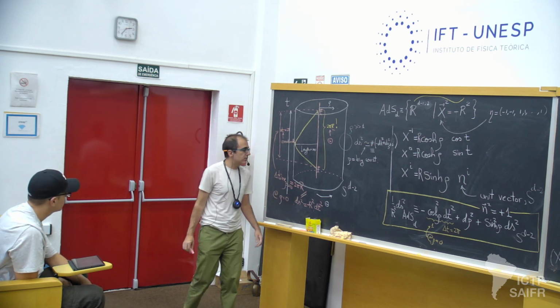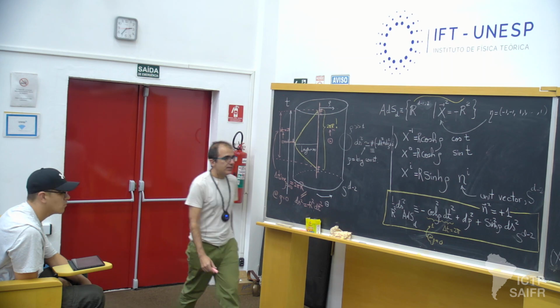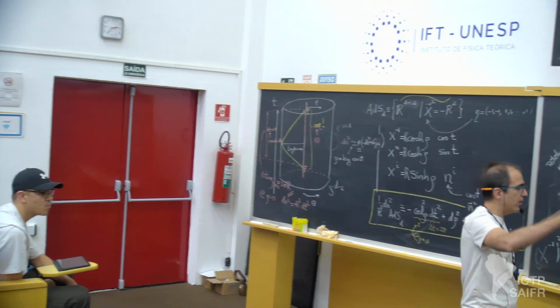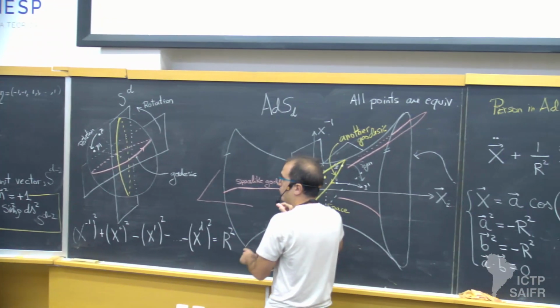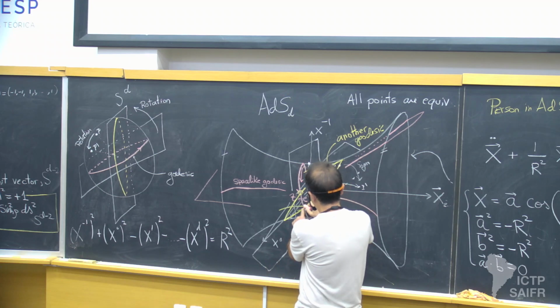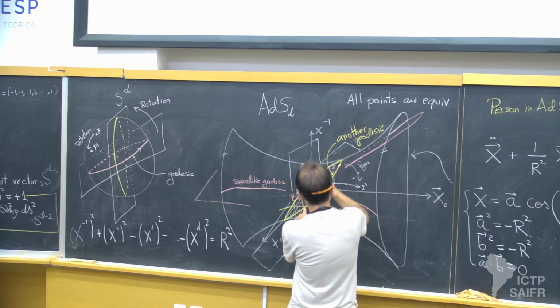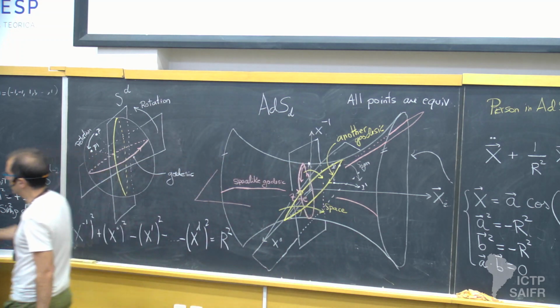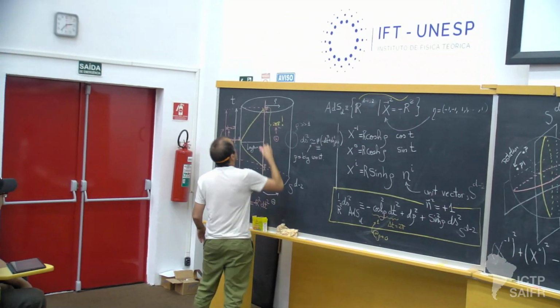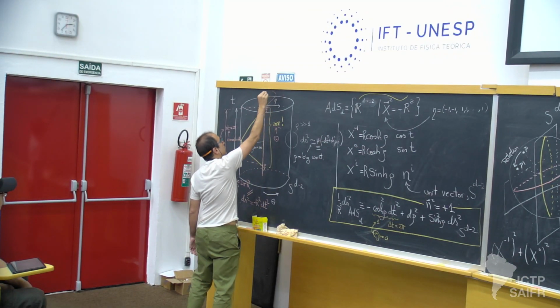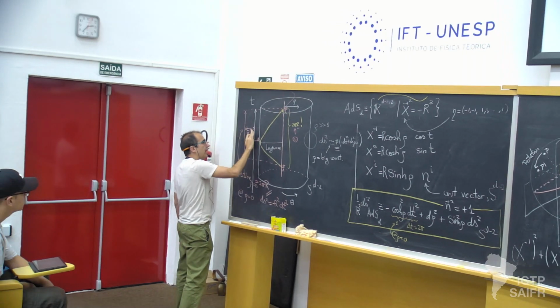Ah, you're right. Great point. The time to come back and forth, indeed, as you are pointing out, that would be the full period. Yeah. Good point. This time to come back and forth would be just half of the period, which is what I drew here. So to see the full thing, I would need to come back. You're right. So this is pi.